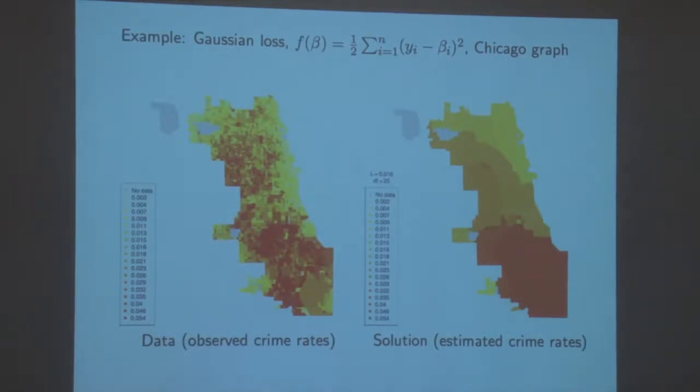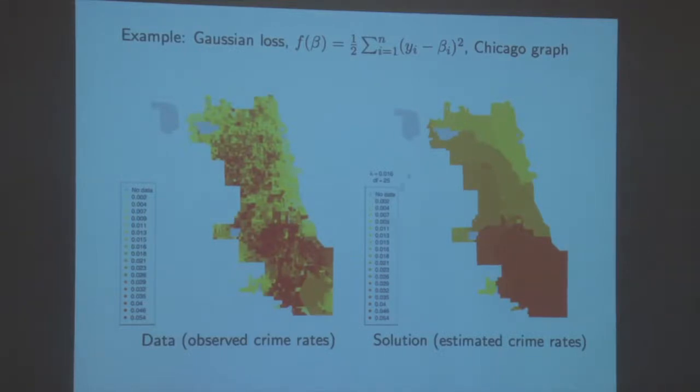And I ran a very similar problem to what I showed you in the last slide, where I assign a mean to each measurement. So I'm trying to estimate some mean, maybe the mean crime rate in that census tract. And I'm going to try to enforce it to be piecewise constant over that graph, which means that spatially it has to be kind of contiguous.